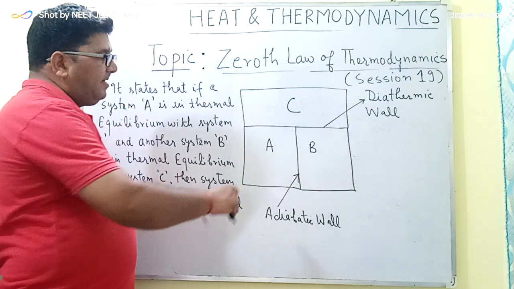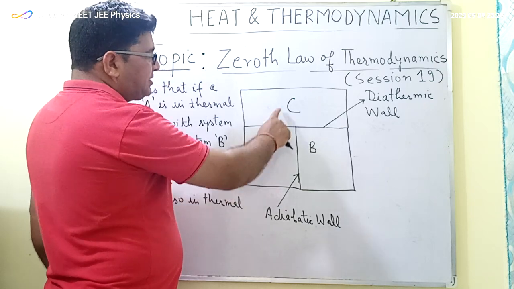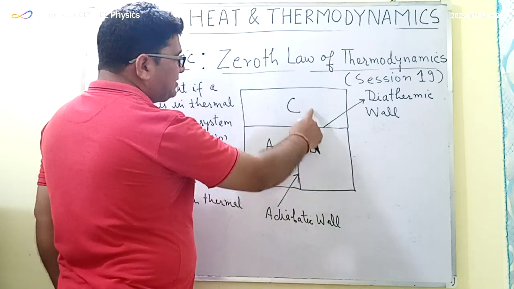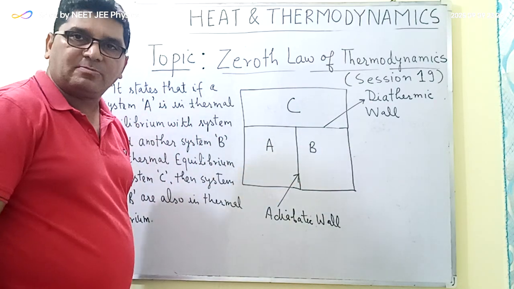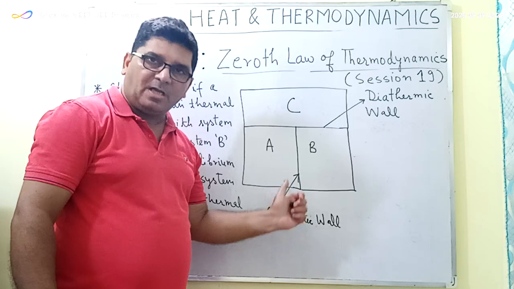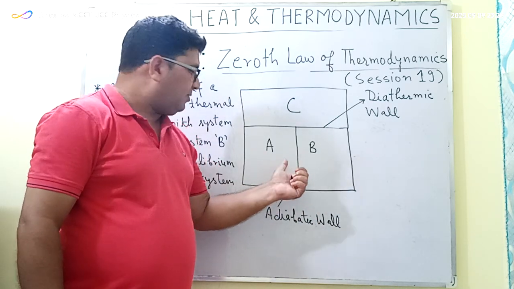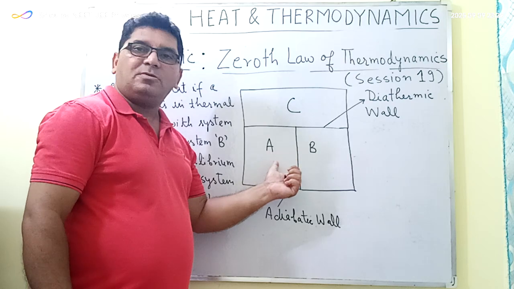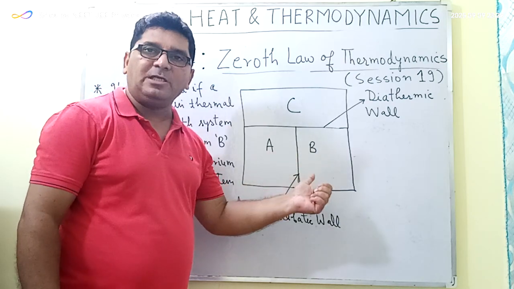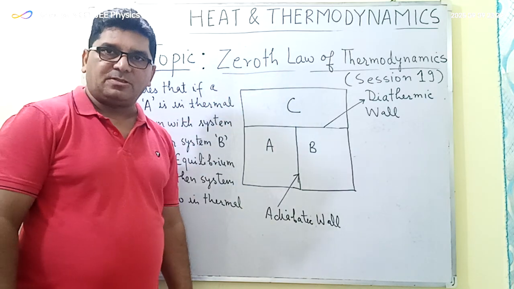So when system A and system C are in thermal equilibrium, and when system B and system C are also in thermal equilibrium, and if I remove this adiabatic wall, then there won't be any heat transfer between these two systems because they are also in thermal equilibrium as per the zeroth law of thermodynamics.